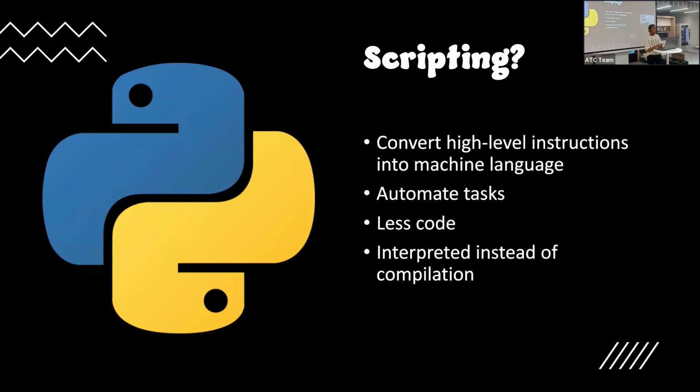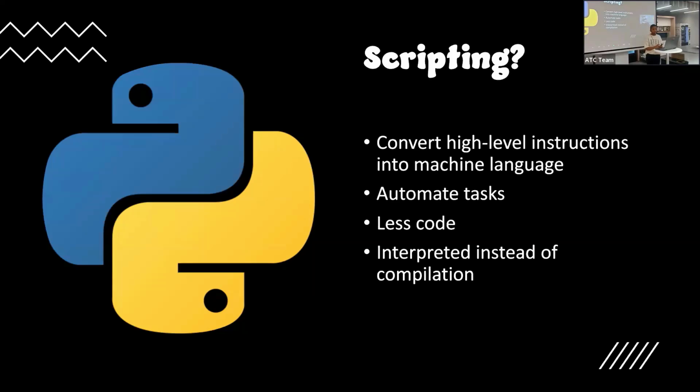One thing that I got interested in when I knew about Blender is scripting, because there's literally scripting inside of it. I first want to explain what scripting is. Python scripting is converting high-level instructions into machine language.